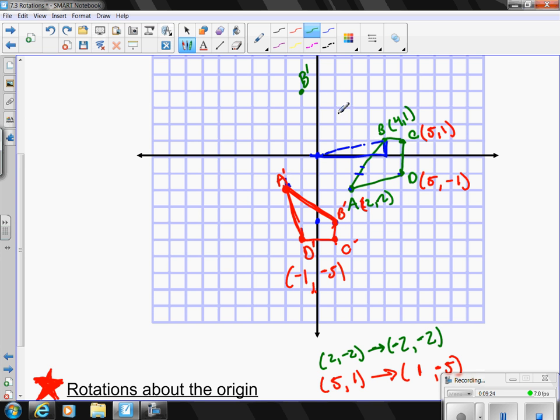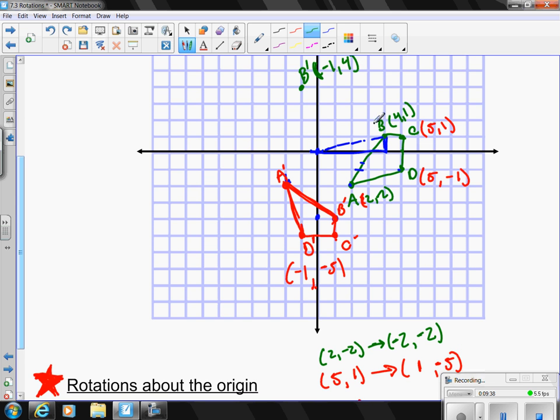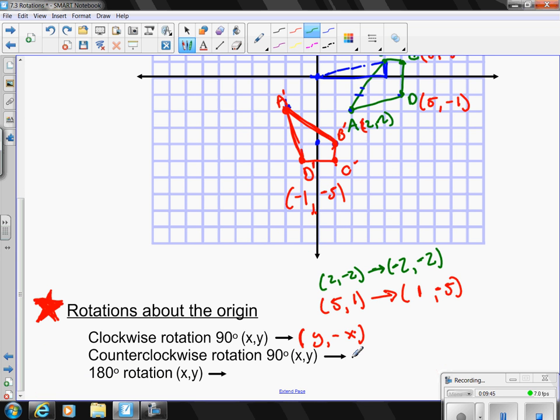This blue line goes up here. It was up 1. As it spins, it's going to go over 1. So B prime ends up at -1, 4. So for a counterclockwise rotation, notice your x coordinate moved into your y coordinate spot, and your y coordinate moved into the x coordinate spot, but became negative.